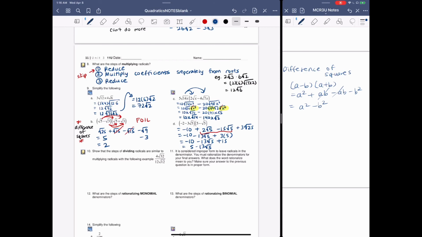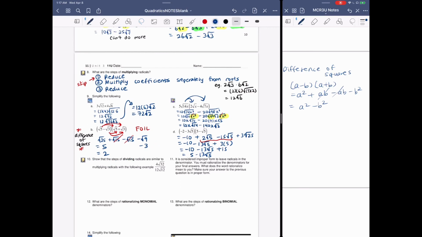So something that's going to come up is the word conjugate. And so let's see if we can simplify that a little. Okay, so I'm just going to write it on the top. Conjugate. Conjugate is when we have, for example, square root 5 plus 1.